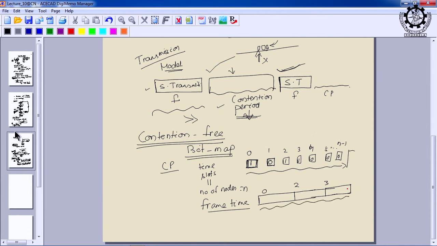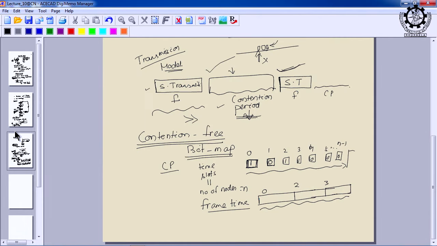None of them can interfere, because the others did not reserve the channel when they were given the option. During this frame time you do not have any collision at all. So, this is an absolutely collision free, or contention free, protocol.